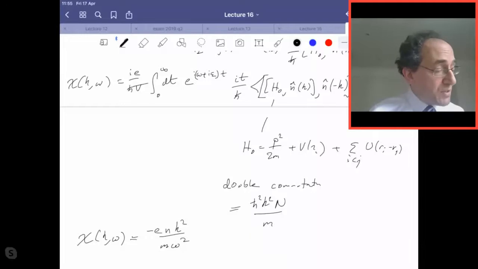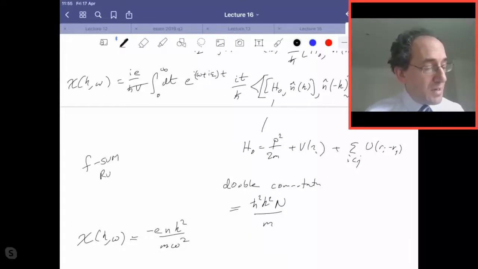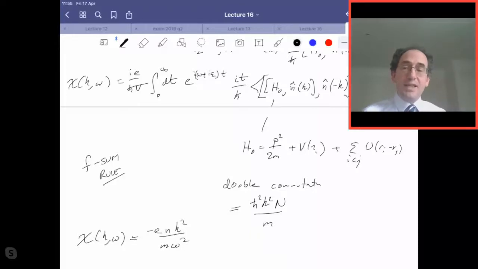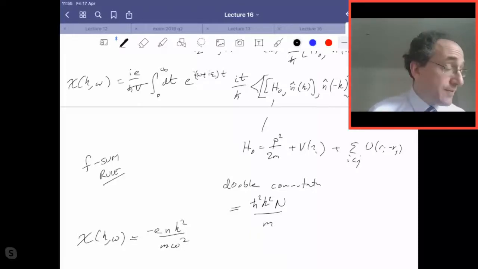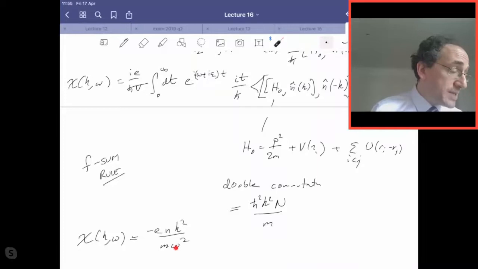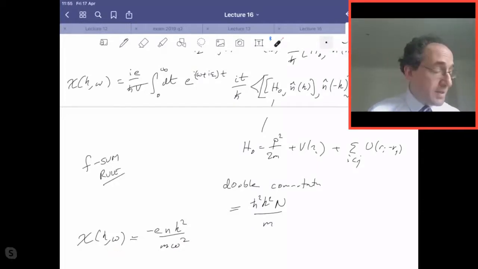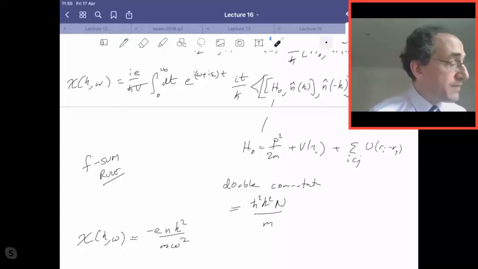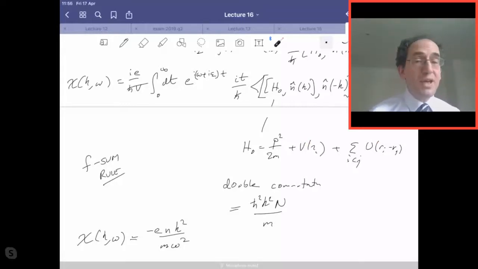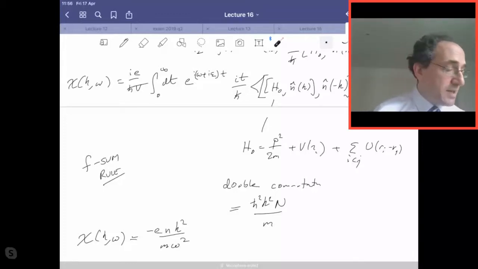And this result is sometimes known as the f-sum rule, and it dictates that if you go up to high enough frequency, then the response function always takes the same form, independent of the details of the system, independent of the interaction between particles, independent of any potential that might be applied to the system as well.